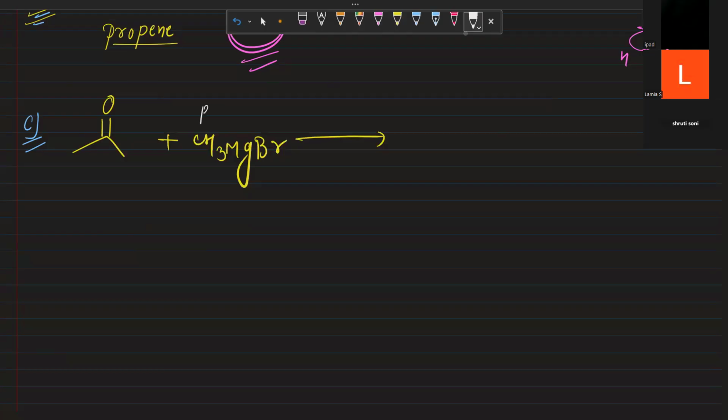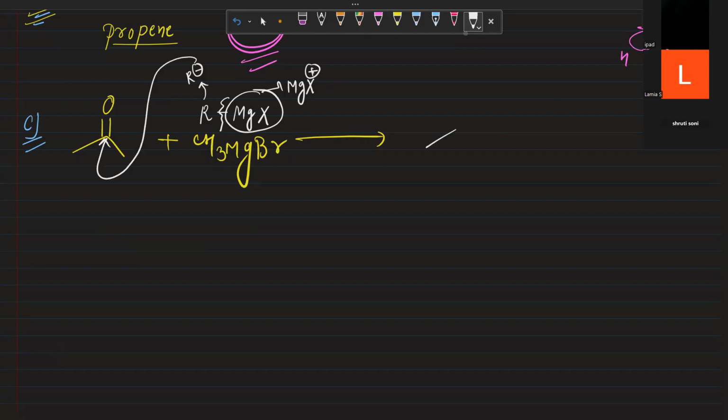CH3 is R here, Mg is Mg, and Br is X. So how will that bond break? R converts into R negative, and this whole part converts into positive, so this is MgX positive. R negative will attack over here. That means CH3 will attack, O negative, MgX positive, and here CH3 will attach.